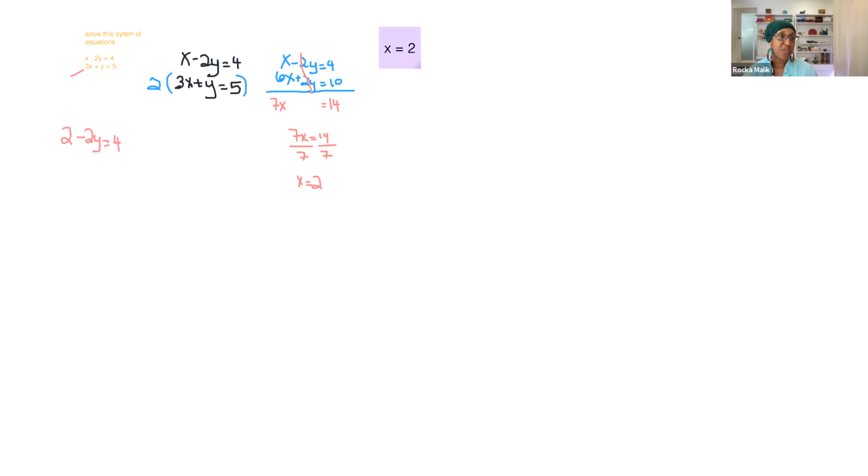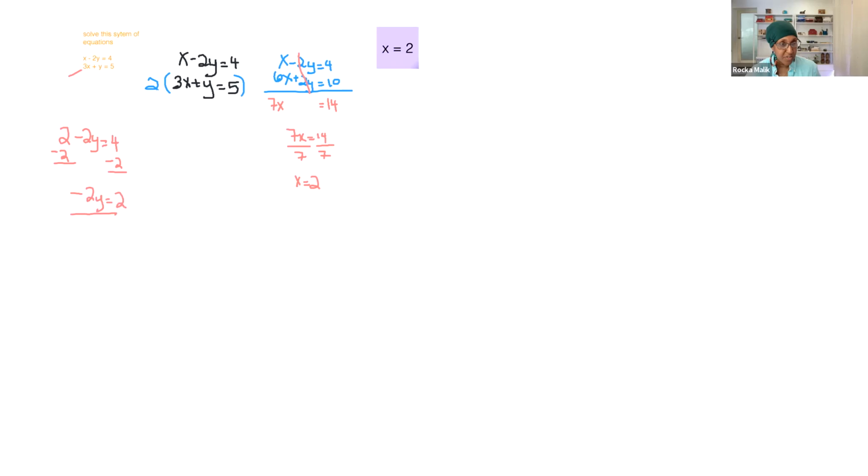I move this 2 to the other side, minus 2. Okay, minus 2y equals 2. I want to get y by itself, so I'm going to divide by minus 2.